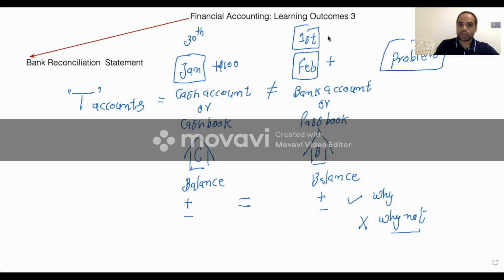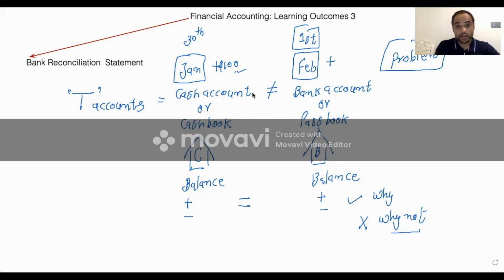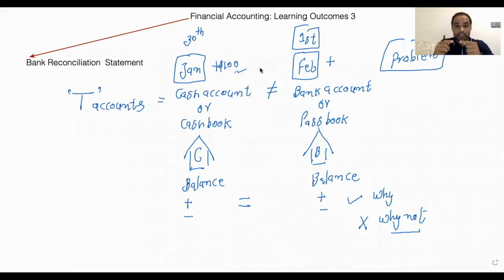The problem is, if you take this example, you think you have $100 in your account. When you go to the bank to withdraw money in this period, the bank hasn't updated it. This $100 is still in the process of transferring into your bank account.